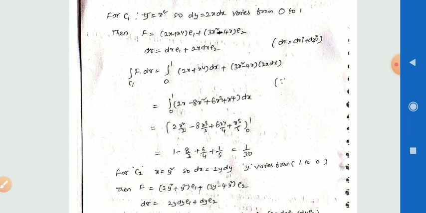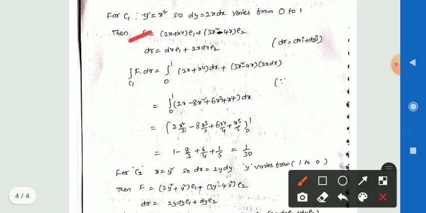Then the integral over curve C1 of f dot dr is equal to the integral from 0 to 1 of (2x plus x power 4) dx plus (3x square minus 4x)(2x dx). By doing the dot product of f and dr we get 2x minus 8x square plus 6x cube plus x power 4 dx.